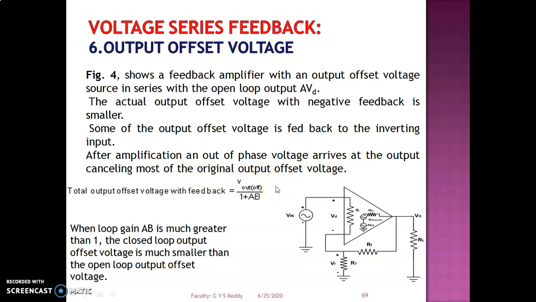That is, the output offset voltage without feedback, say Vout, and the output offset voltage with feedback equal to Vout divided by 1 plus AB. So when loop gain AB is much greater than 1, the closed loop output offset voltage is much smaller than the open loop output offset voltage. So with the feedback, the output offset voltage of the operational amplifier will reduce.